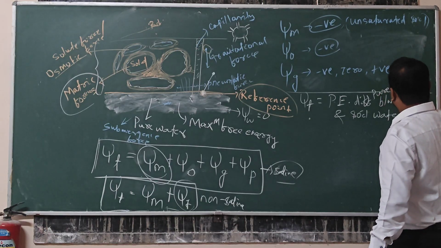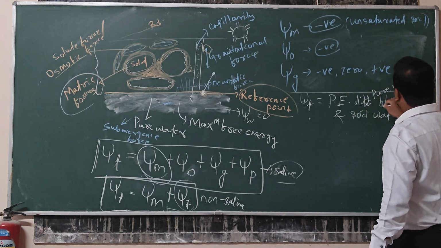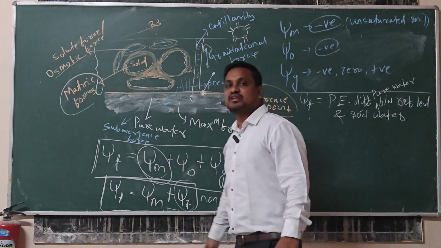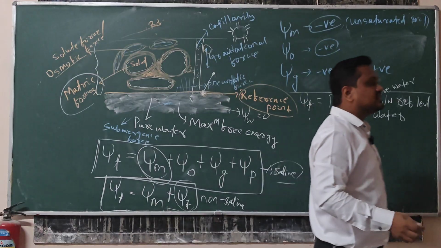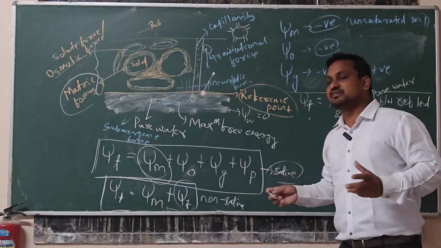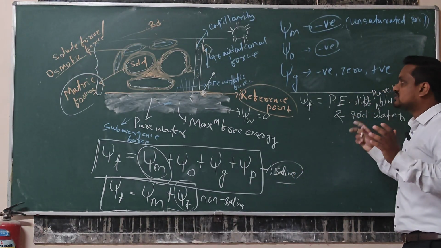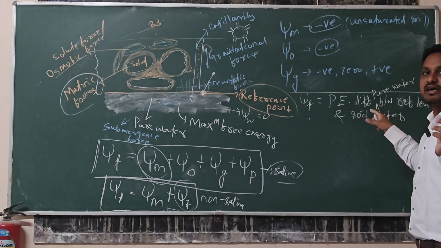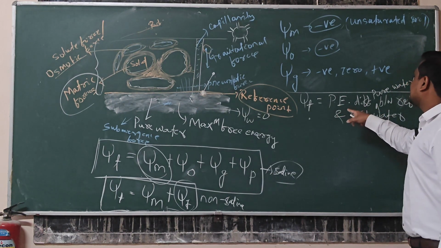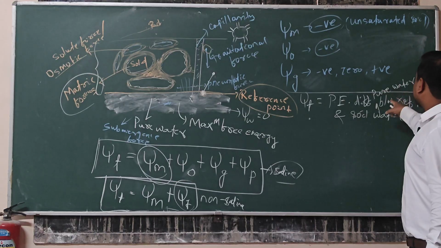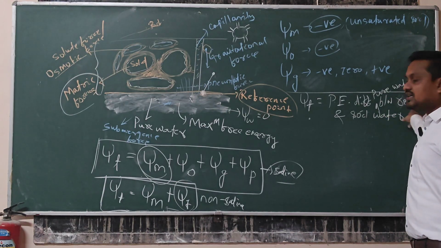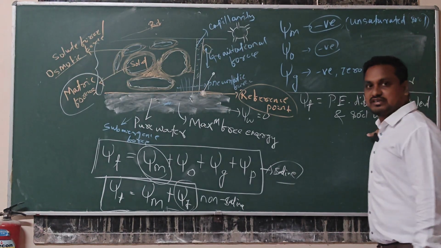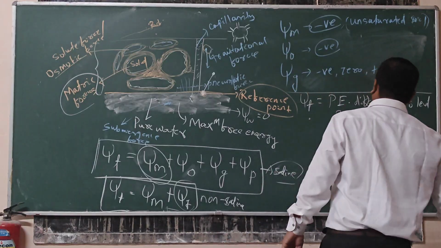Here you can write pure water. This is a very simple way to remember total potential energy. Actually, this concept is very much confused by students, so just try to understand it here. It is very simple: the potential energy difference of pure water between the reference state and a given soil water state. Very simple.